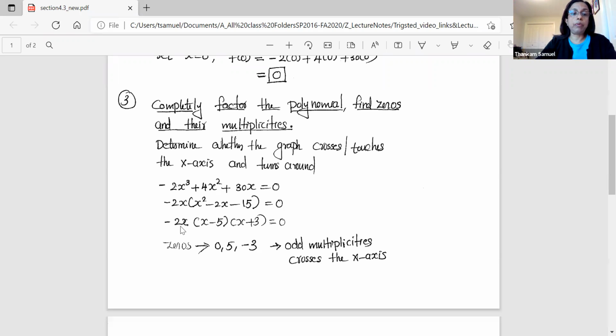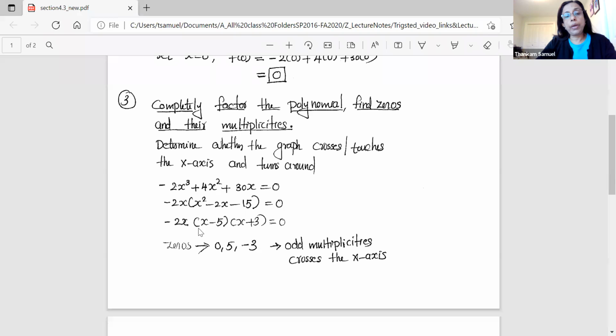When you set negative 2x to 0, you will get x equals 0. When you set x minus 5 to 0, you will get x as 5. Similarly, when we set the last factor x plus 3 equals 0, x equals negative 3. And the zeros are 0, 5, and negative 3.